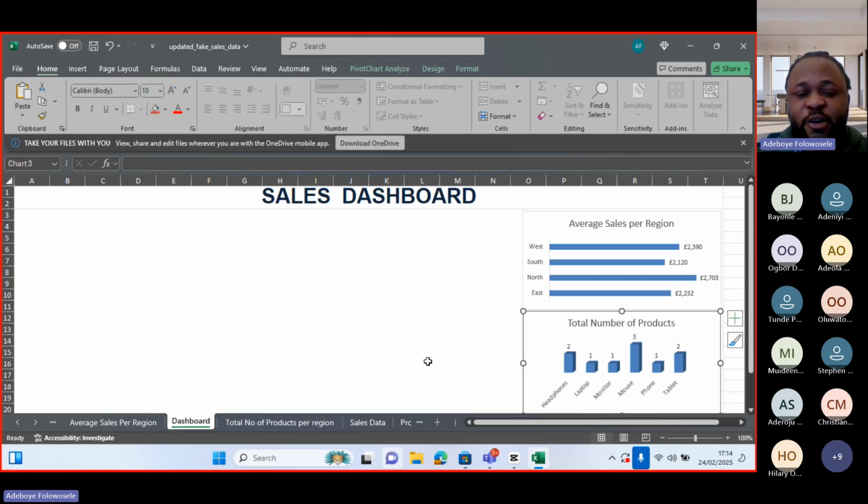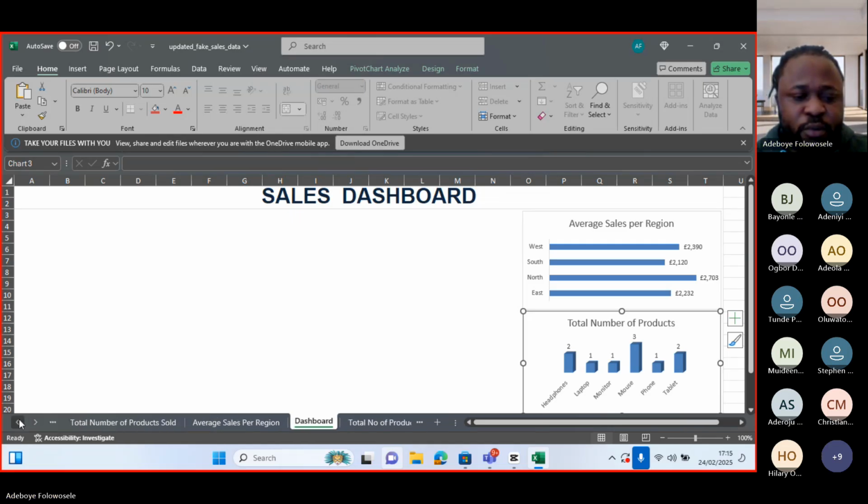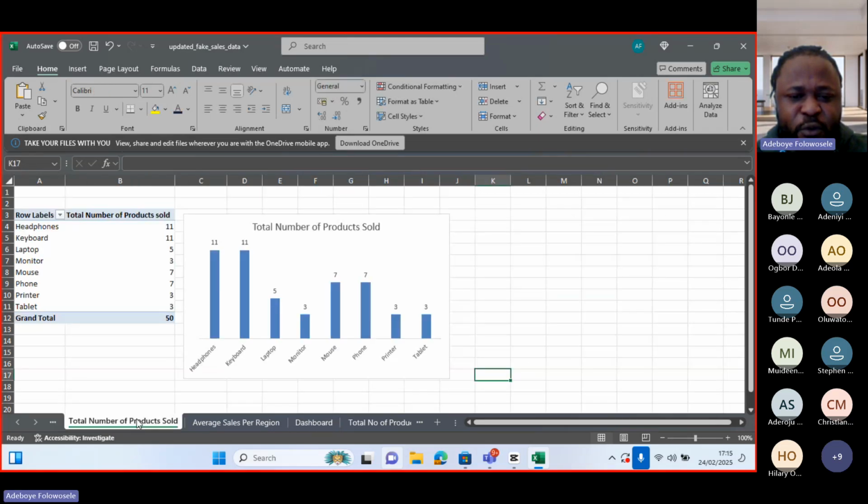So at a glance, the meaning of dashboard in Excel is that at a glance, you can take a good look at every one of your figures. So let me go to some of the rest of our charts. Total number of products sold.